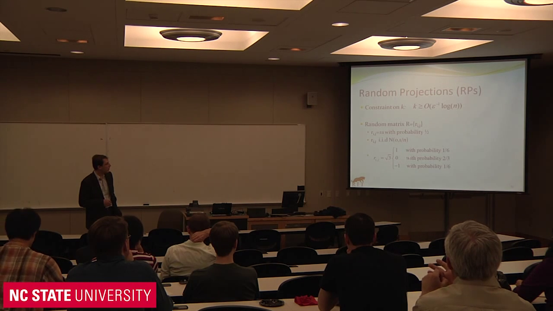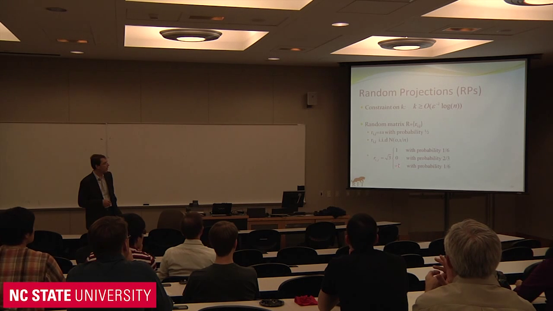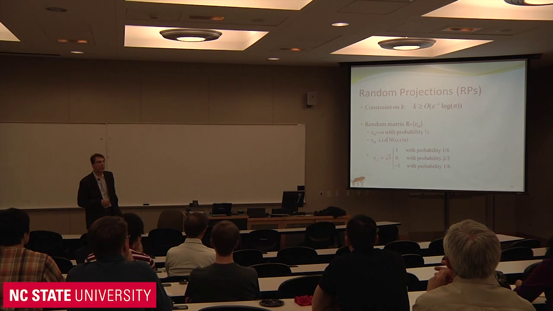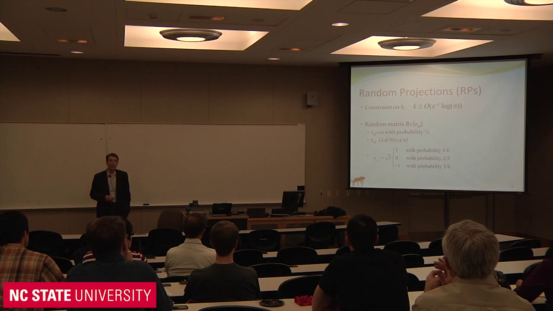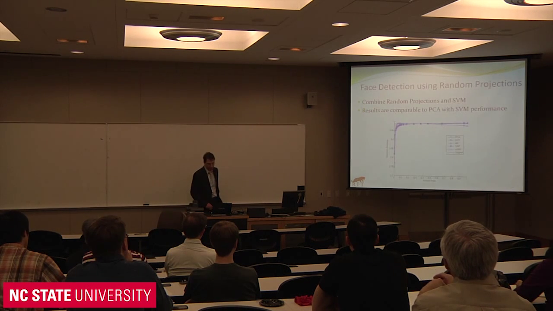We can also come up with a matrix that has just 1 or -1, and 2/3 of the time it has 0, which is really nice, right? Because 2/3 of the time we don't have to do anything. And for the other third, we just have to do addition or subtraction, no multiplication. So that computes really, really fast and is very computationally efficient.